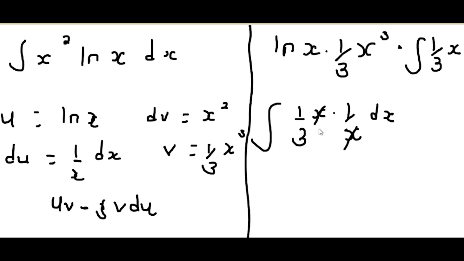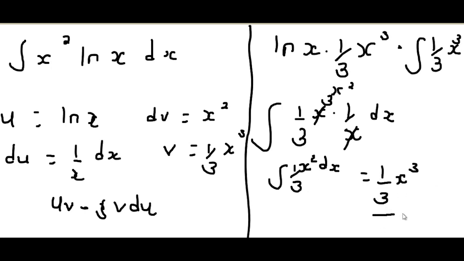So when we integrate, this and this cancel out. So it will be the integral of a third x cubed times 1 over x dx. When we cancel out this x, it remains with x squared, so this will be a third x squared, and when we integrate it, it will be a third x cubed divided by the 3 that we have gotten, so it will be 1/9 x cubed.